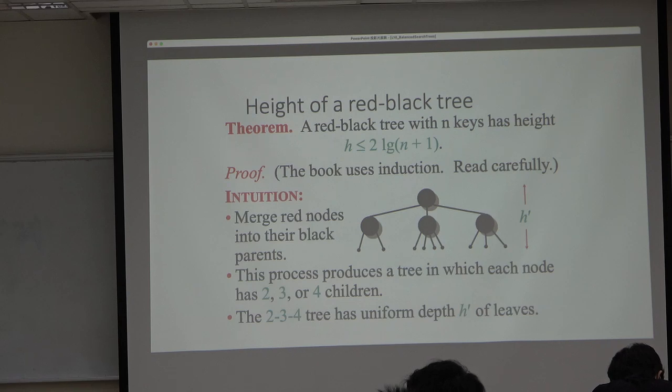This is important because we want to discuss the balanced search tree. The tree has to be bounded by log n, so we guarantee that the height is bounded by log n.